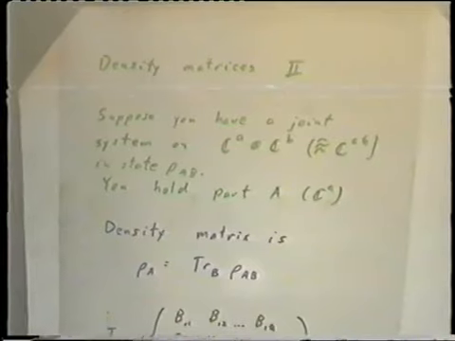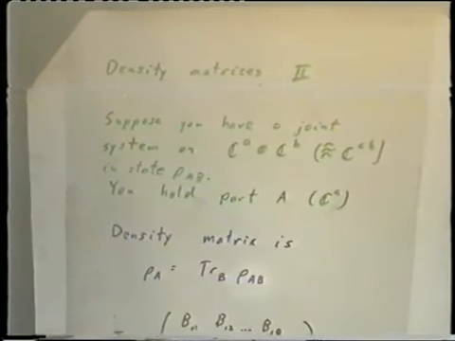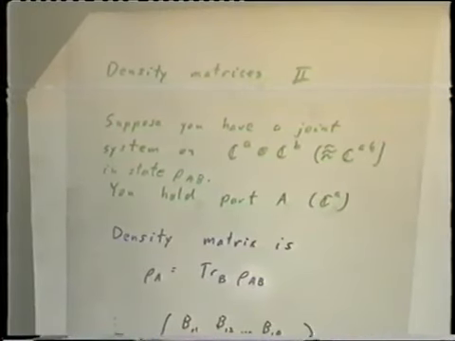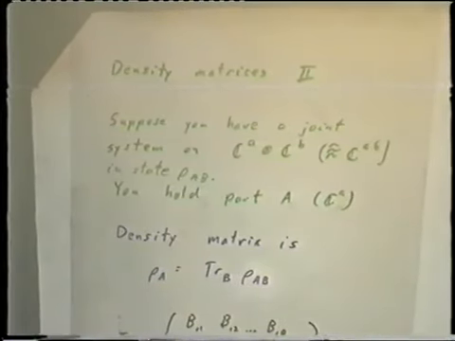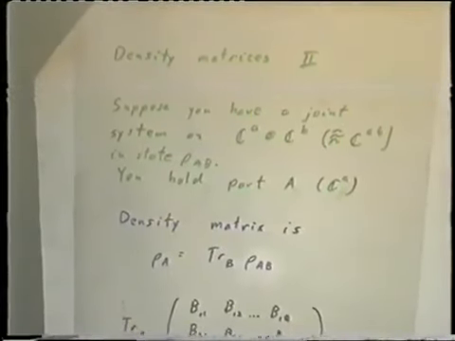The second way is if you have a tensor product of two quantum systems, say C to the A and C to the B, and you are only allowed to look at one of these tensor product spaces. If you hold part A, then the density matrix of that part is rho sub A, which is the partial trace with respect to B of rho sub AB.